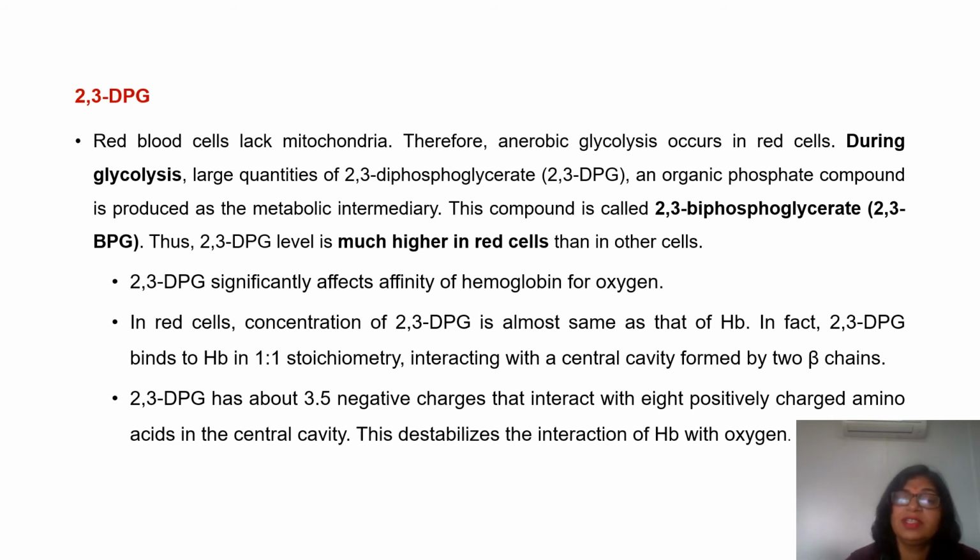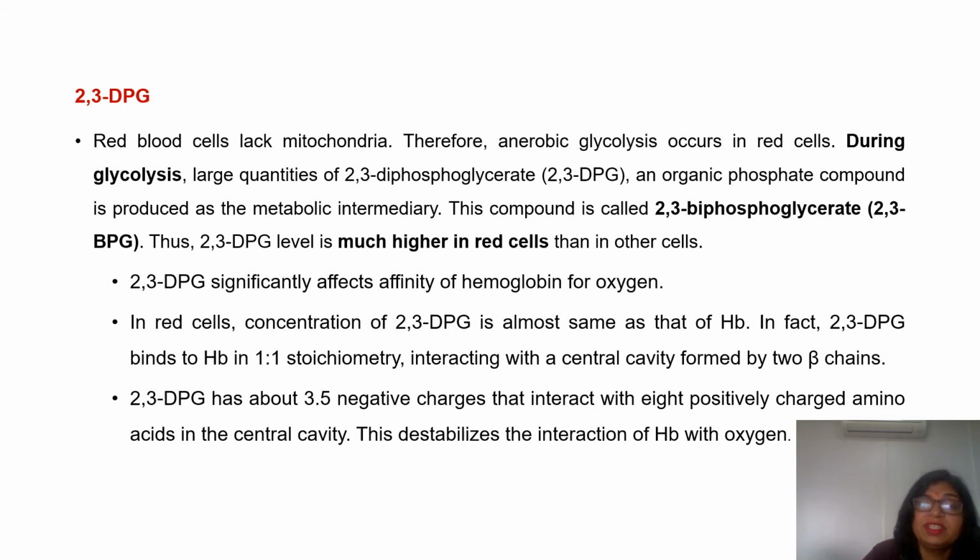In red cells, the concentration of 2,3-DPG is almost the same as that of hemoglobin. So 2,3-DPG binds to hemoglobin in a 1:1 ratio, interacting with a central cavity formed by two beta chains. 2,3-DPG has about 3.5 negative charges that interact with the 8 positive charges.